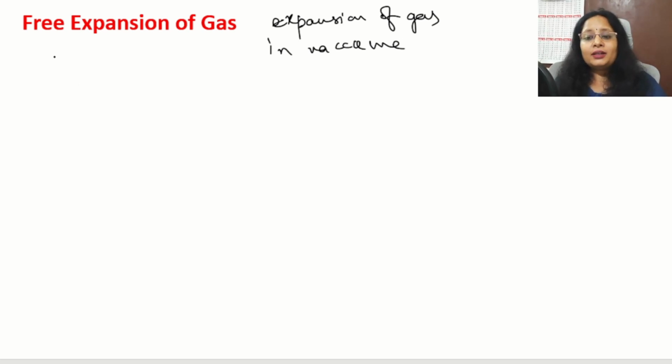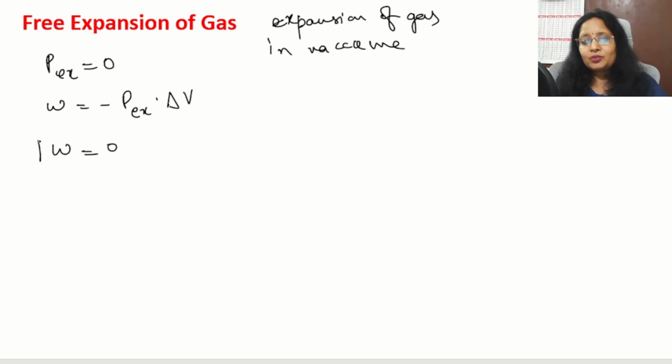So when a gas is expanded in a vacuum, or it is called free expansion, what will happen in that case? The external pressure in that case is 0, because it's a vacuum. Now we knew that the work done is always equal to minus P external into delta V. So if P external is 0, in that case the work done is also 0.